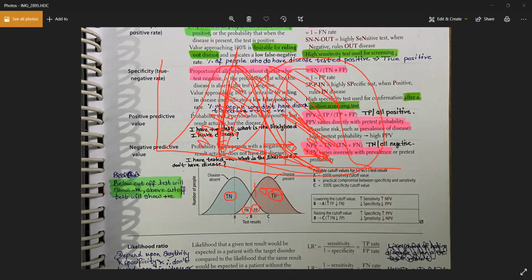But once my specific test gets a negative, I cannot say 100% that this patient does not have the disease, because there could be a very high chance that the patient is a false negative.